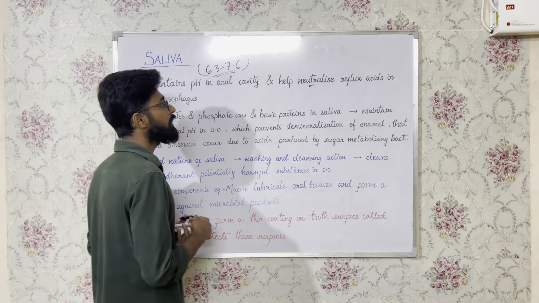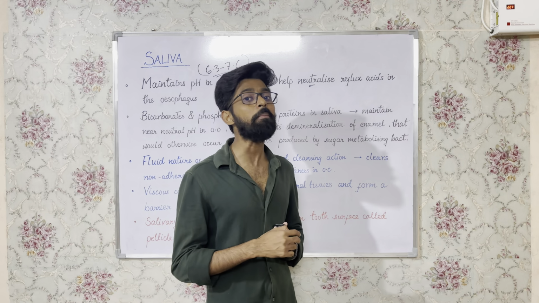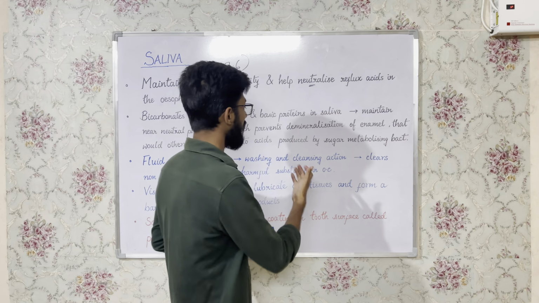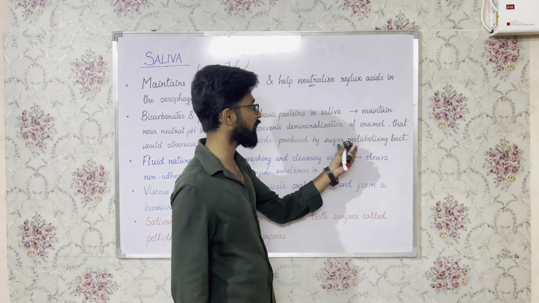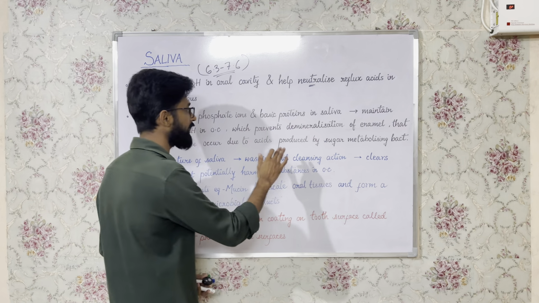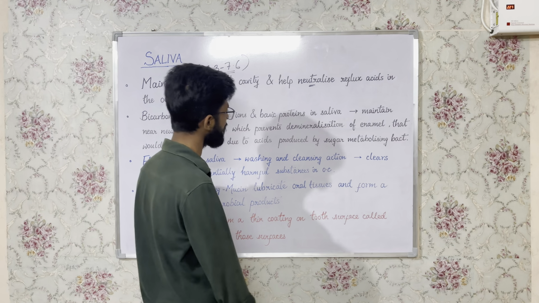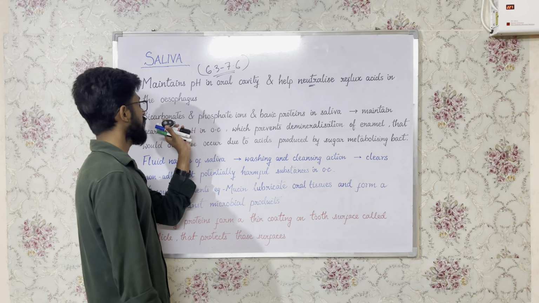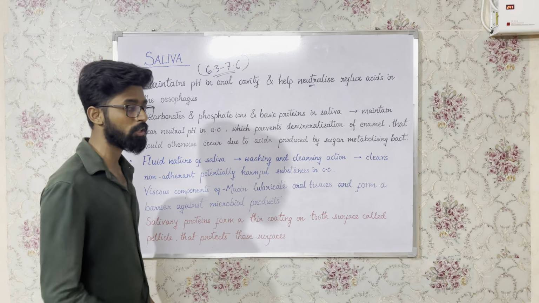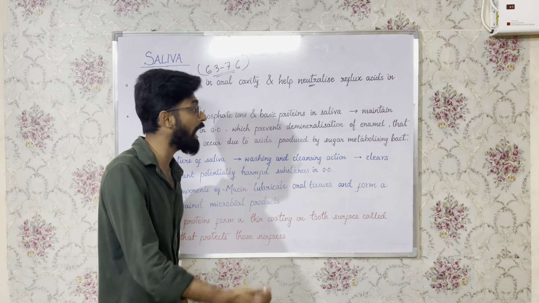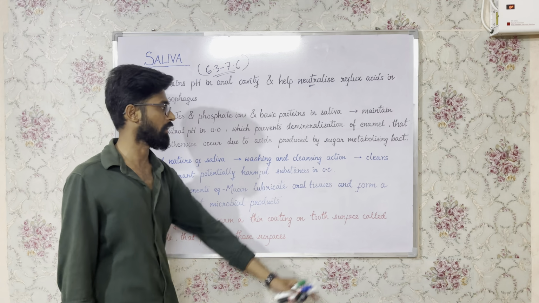So enamel is prone to demineralization by the acids produced by all the bacteria in the oral cavity. Sugar metabolizing bacteria in the oral cavity can demineralize the enamel, right? So what do these constituents of saliva, the basic proteins, phosphates, as well as bicarbonates, do? They prevent that demineralization of enamel, right?